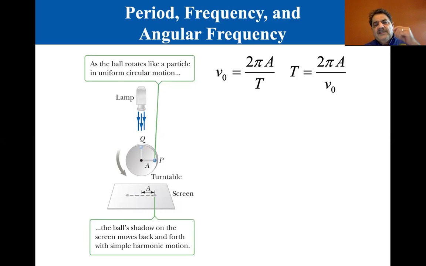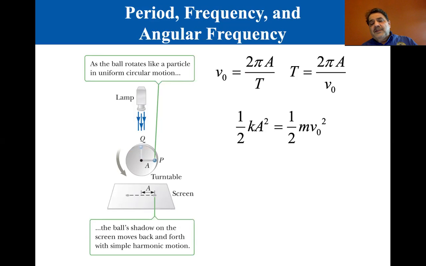The velocity V0 is the max. 2 pi a is one trip around the circle, so it's the perimeter. T is the amount of time that it takes to do it. So V0 is equal to the perimeter divided by the time. That's just the definition of velocity, the distance divided by time, the distance being the circumference 2 pi a divided by the time T. So T is equal to 2 pi a divided by V0.